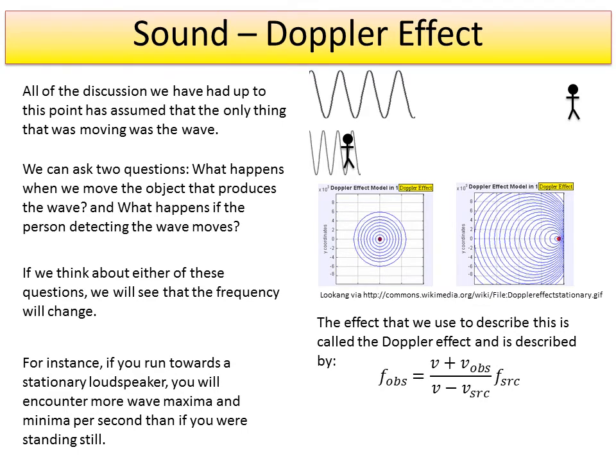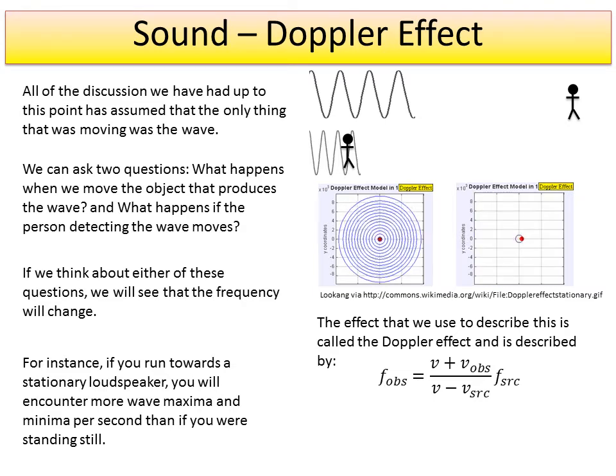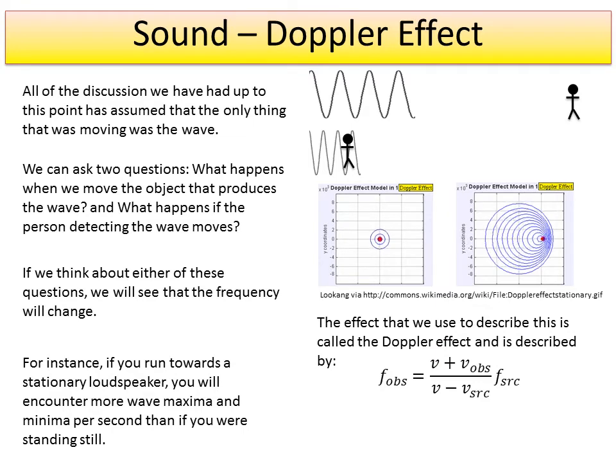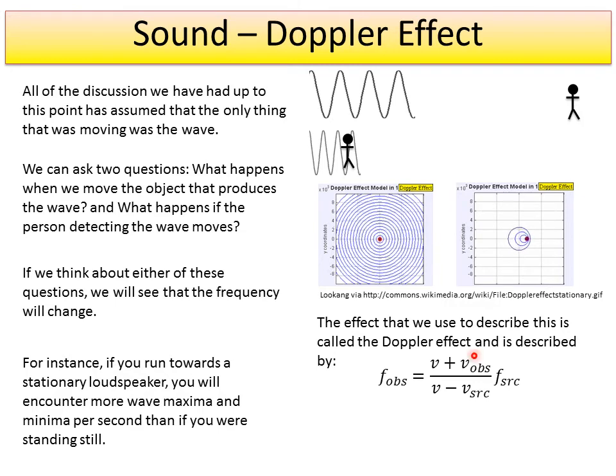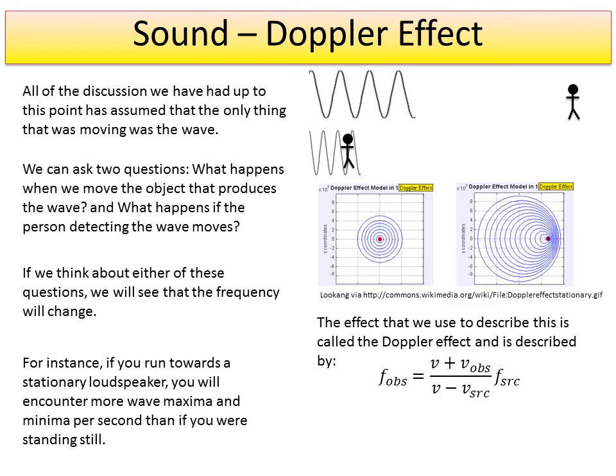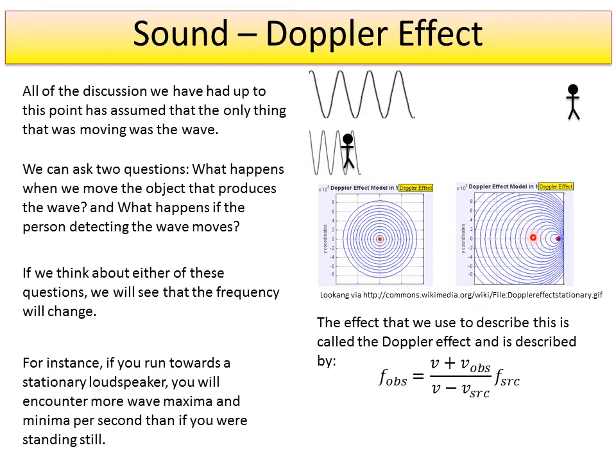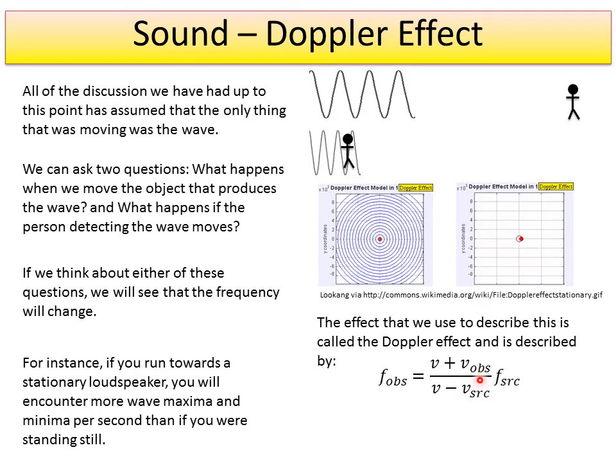If we're in air, that's around 340 meters per second. If we have an observer moving towards the source, then this velocity is the velocity of the person. If our source moves, then we have to include the value of our source.